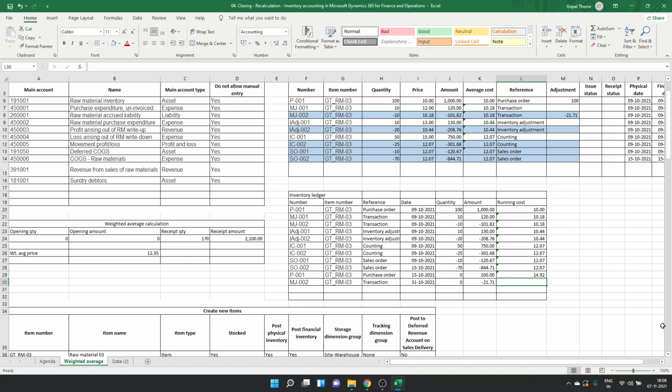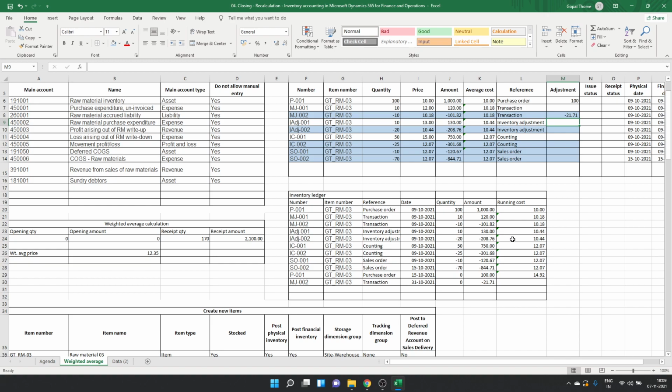I'm right now not calculating this because when we recalculate the inventory, all the calculation happens at the same time. So we will see at the end. I'm freezing this here right now. I'm taking the reference of this particular value from the ledger here.